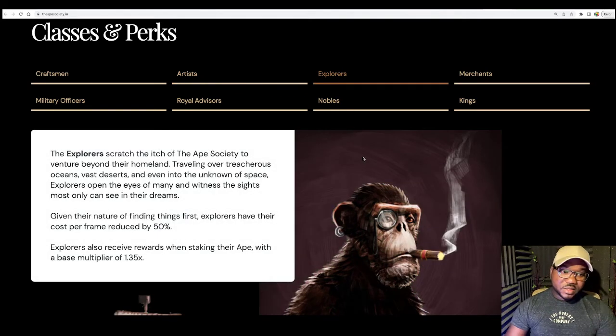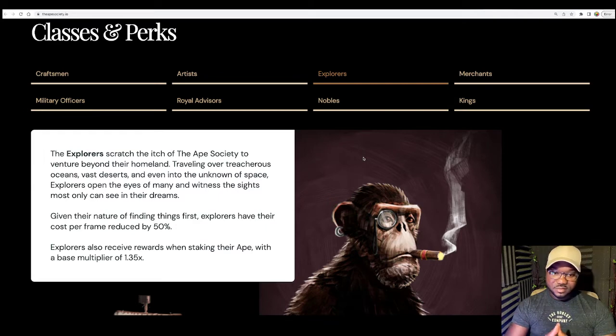So if we look at explorers now, given their nature of finding things first, explorers have their cost per frame reduced by 50%. So every time you purchase a frame, if you have an explorer in your wallet, you're going to get that frame half off, right?